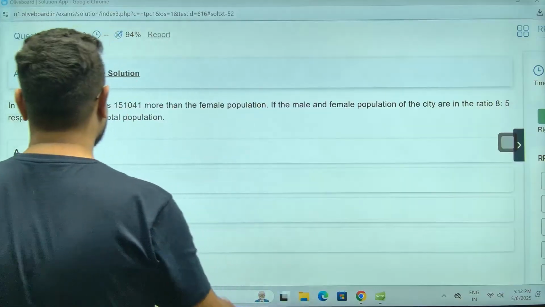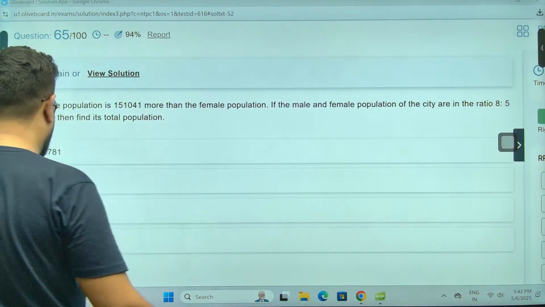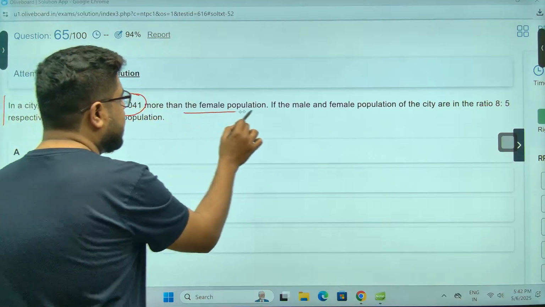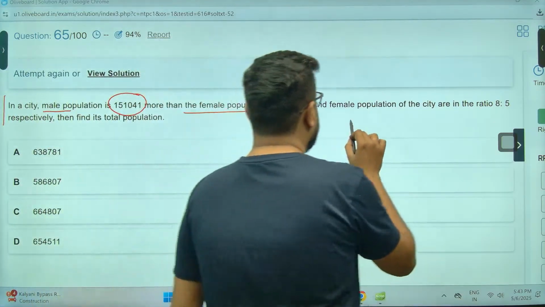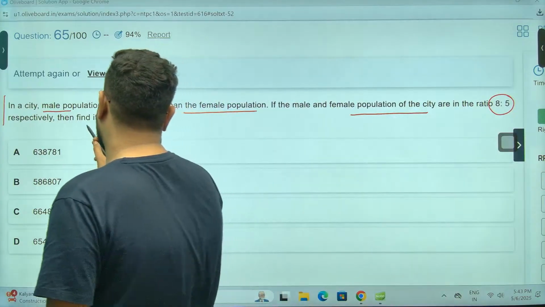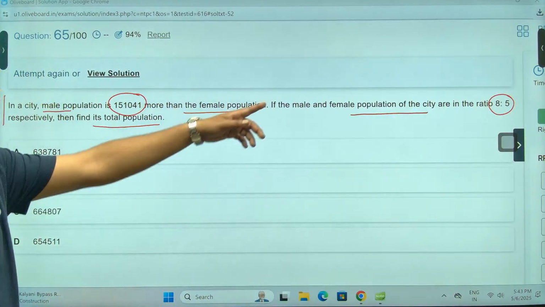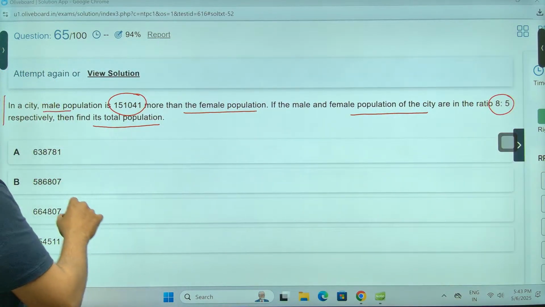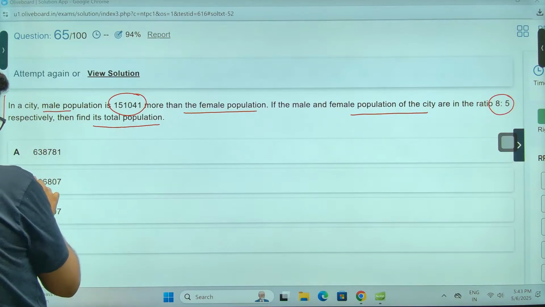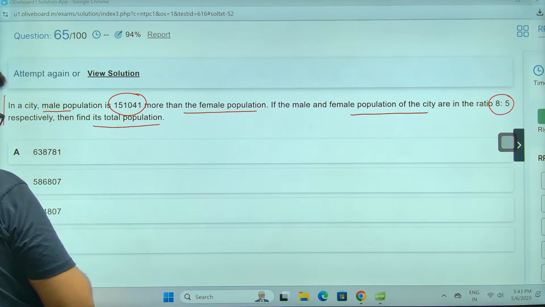Okay, let's go. In a city, population is this. Male population is this much more than the female population. Male and female population are in this ratio. Total population will be a multiple of 13. Let's check. 13, 52, 66.